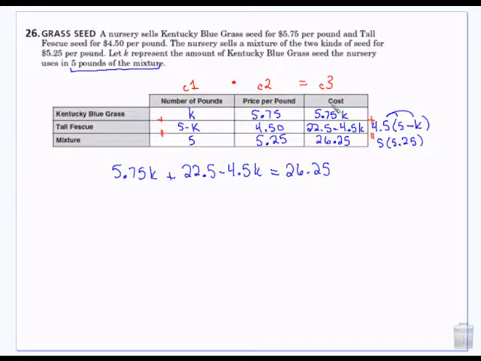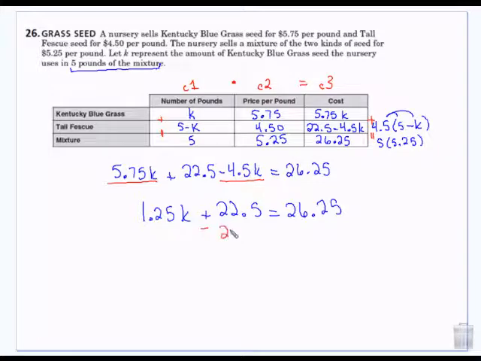The table is filled out, this plus this equals that, so now we have our equation. So I need to combine my K's on the same side. So I have 5.75 minus 4.5, which is going to give me, I think, 1.25, but I'm just going to double check myself. Okay. So I have 1.25K plus 22.5 equals 26.25.